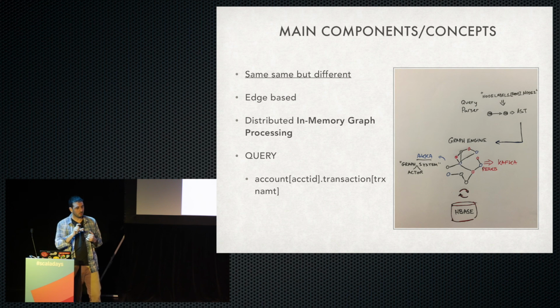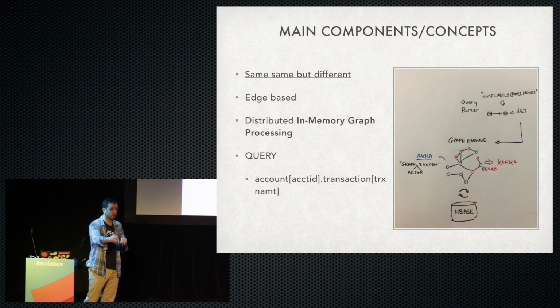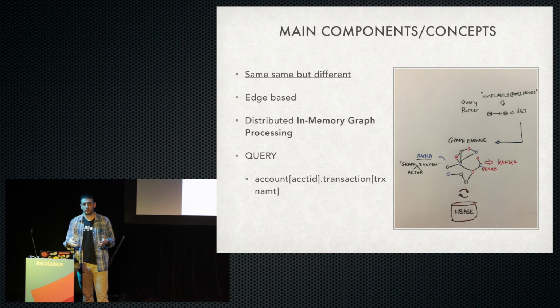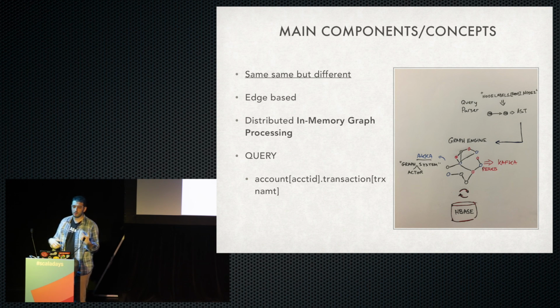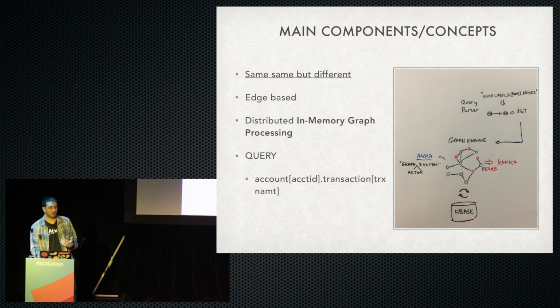Whereas before we were passing vertices as messages, so this is the next vertex for you to visit, the one that we have now is edge-based. So I'm going to send you an edge, and then you're going to do some processing based on the edge. And it's a distributed in-memory graph at the end of the day.